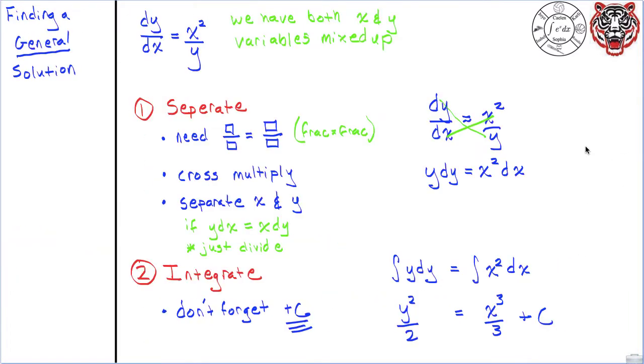All right, actually, before we move on, do I have everything here? The one key thing for finding a general solution, the main thing here, is make sure you have a separation of variables. I'm not writing that just for the sake of writing it. Yes, we had to separate the variables, but why does that matter?